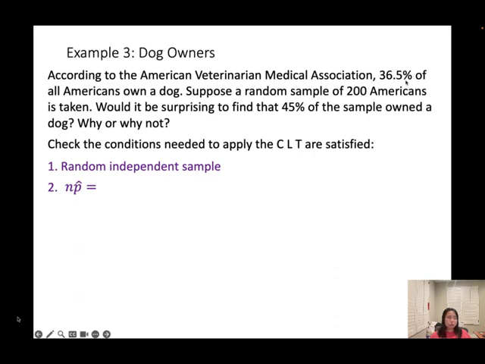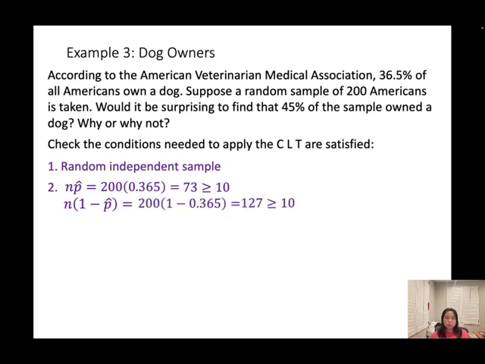So this is going to be the sample proportion. You should get 73. And then n times the failures, which is going to be 127, which is also greater than 10. Number 3 is that the population is at least 10 times larger than the sample.